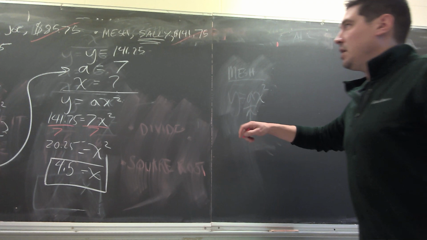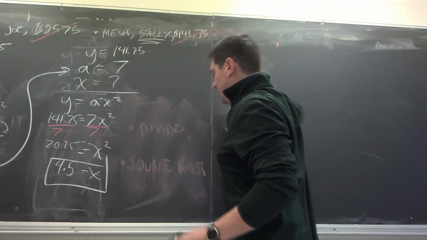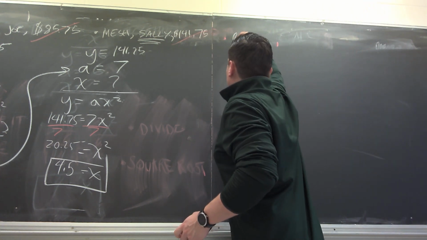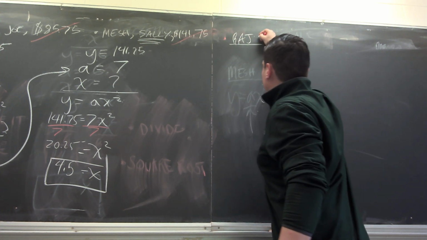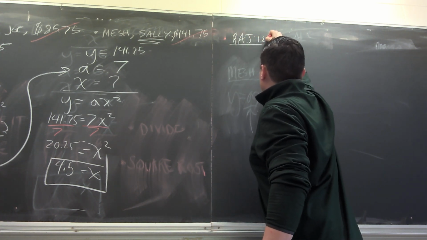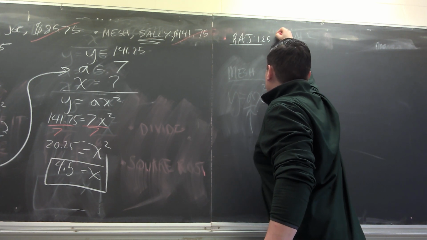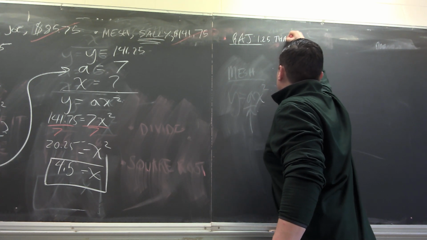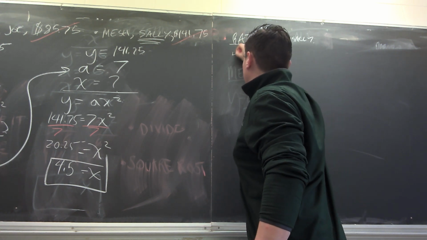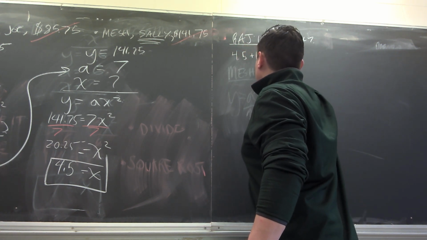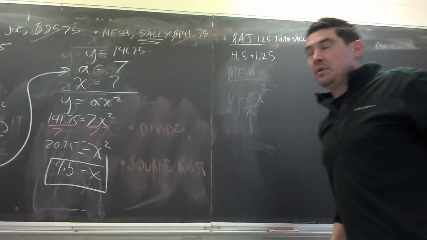All I know is that Raj's pool is 1.25 bigger than Sally's. So I'm just going to go 4.5 plus 1.25.